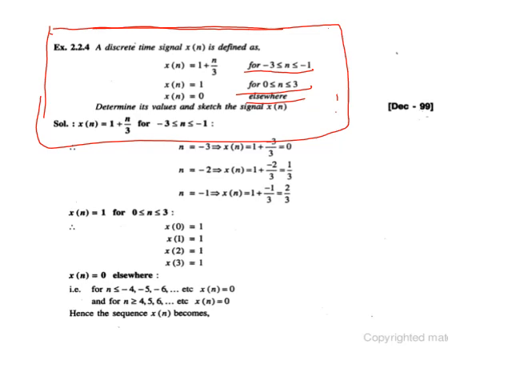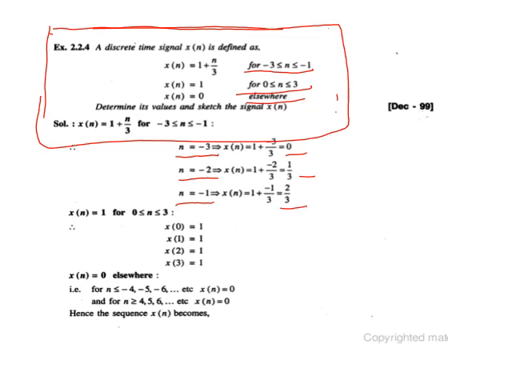Now we have to convert this into the sequence form. Sequence form is another representation. By means of an example, we will see this. The definition is x of n equals 1 plus n by 3 from minus 3 to minus 1. So we put n equals minus 3, then we get 0; n equals minus 2, then we get 1 by 3; n equals minus 1, then we get 2 by 3.